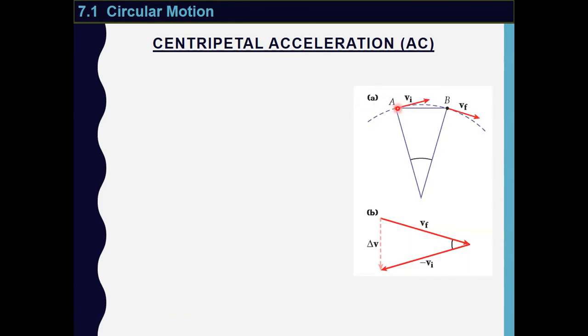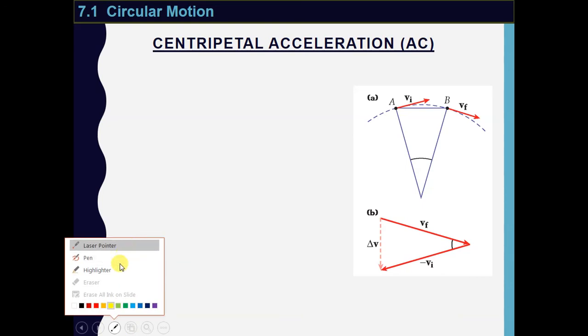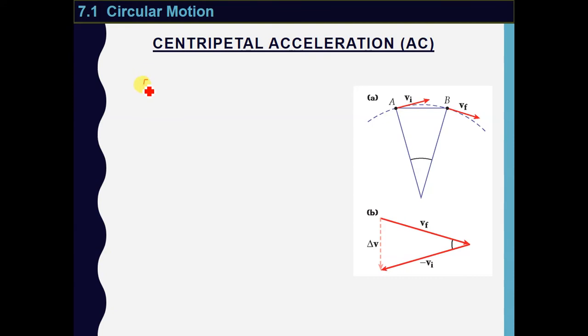See here, we have the same example, a ball moving in a circular path. The ball here has this direction of velocity. At point B, it has this direction. What is acceleration? Together, we know that acceleration is V final minus V initial over time.